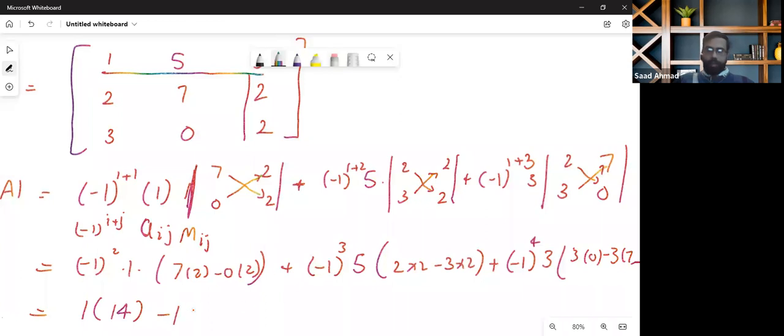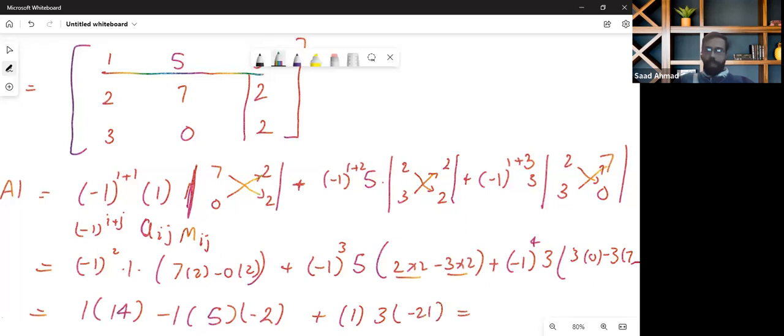Minus 1 times 5 times 2 times 2 is 4, 4 minus 6 is negative 2. Then minus 1 to the power 4, an even power, is positive 1. 3 times 0 is 0, minus 3 times 7 is 21, so minus 21.